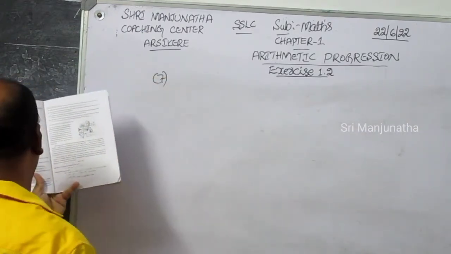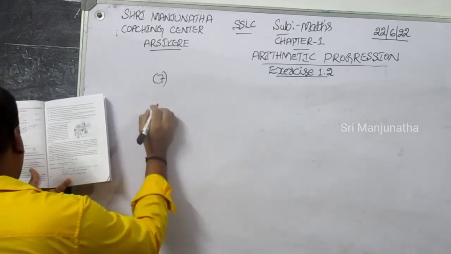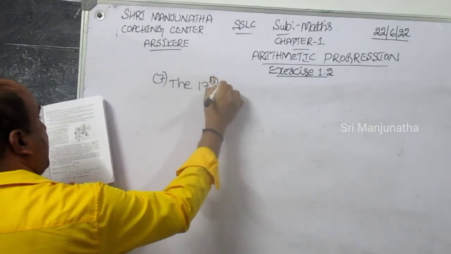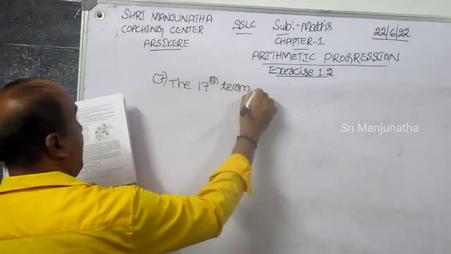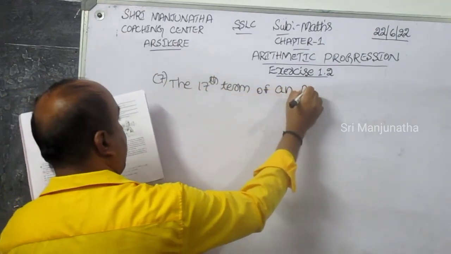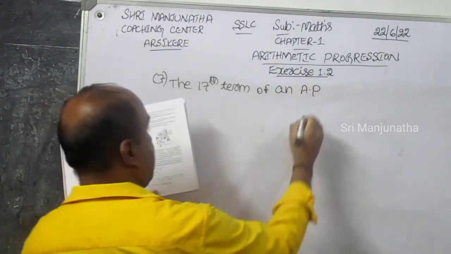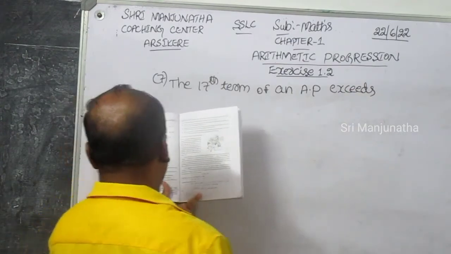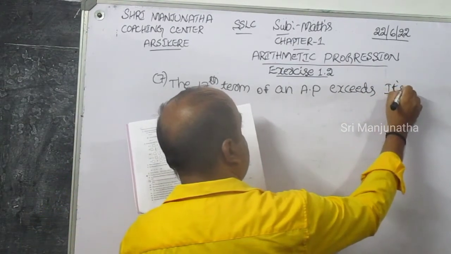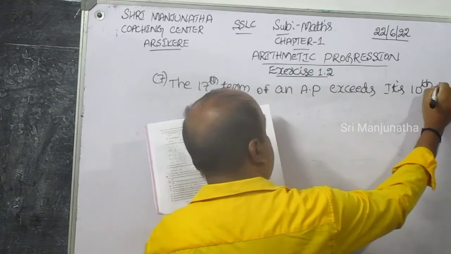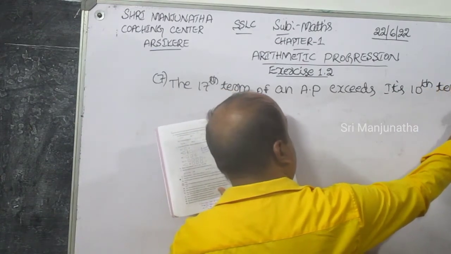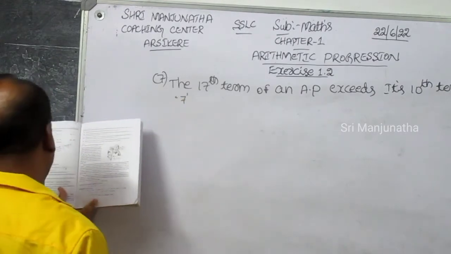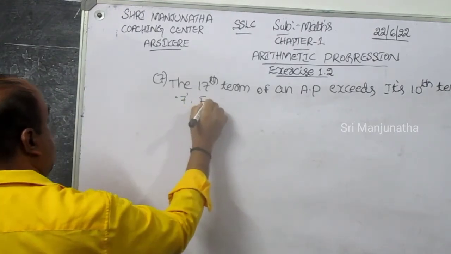Seventh one: if the 17th term of an AP exceeds its 10th term by 7, find the common difference.